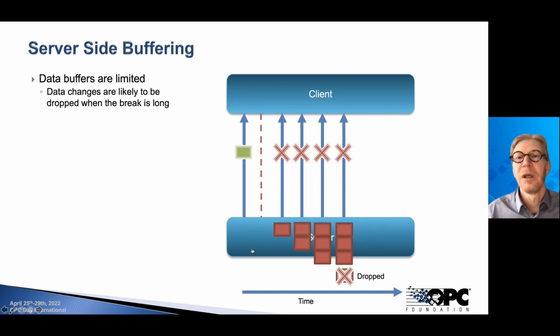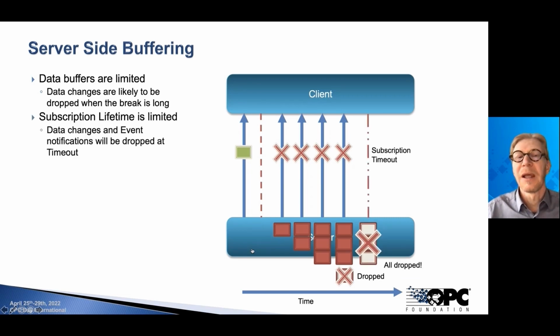And eventually, when the buffer is full and we get a new sample, that will be dropped out. And the worst case that can happen is that the subscription times out. It also has a timeout. So after that period without a connection, everything will be dropped from the server. It will clean all the resources because now it thinks that the client will no longer be there anymore.